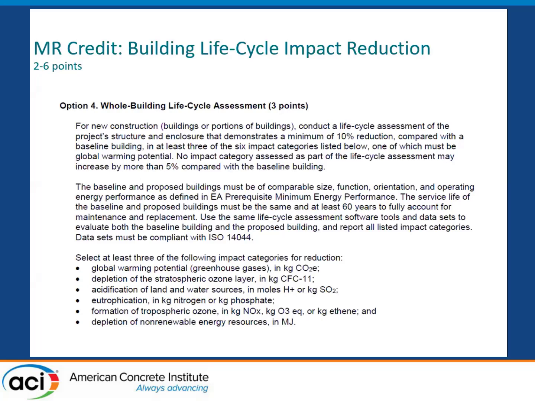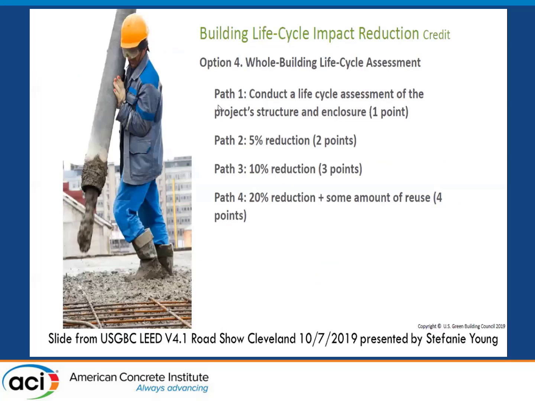If you have 3 of those categories in that building, then you can show the reductions. Just for putting it in the enclosure, they're going to give you 1 point. If you get a 5% reduction, it's 2 points. If there's a 10% reduction in the whole building impacts, then you're going to see 3 points. And then with a 20% reduction, and the same amount for the reuse, you're going to get 4 points.